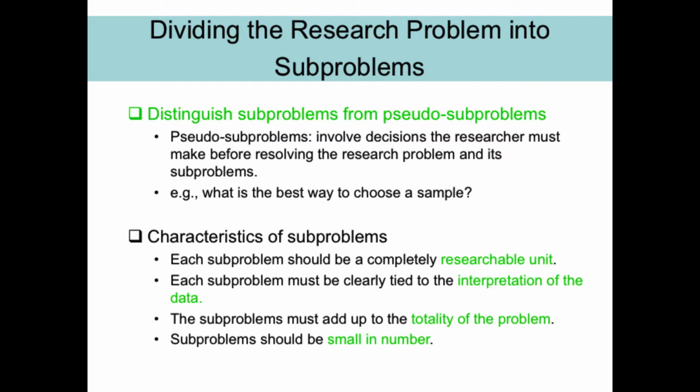And there should not be too many subproblems. If you end up with a rather long list of subproblems, then either you have a study that is much too large in scope, or you have probably some pseudo-subproblems hiding in there in your list.